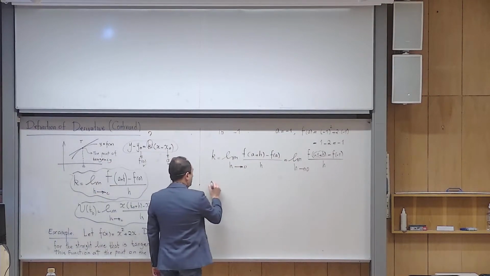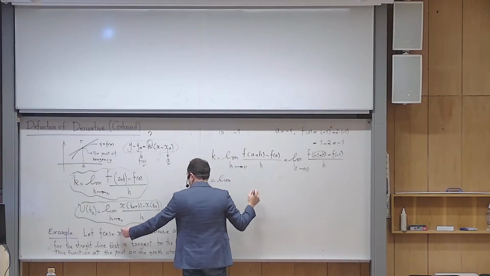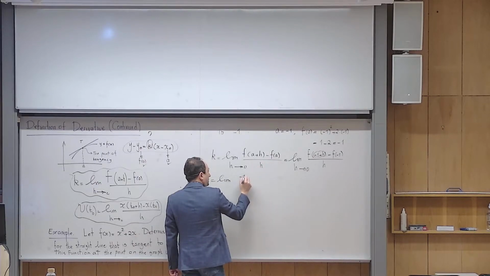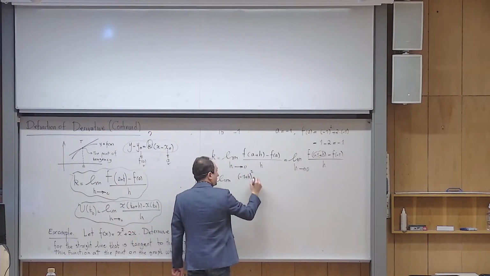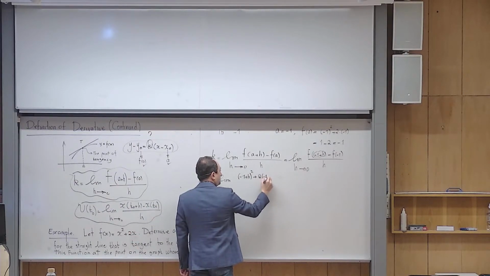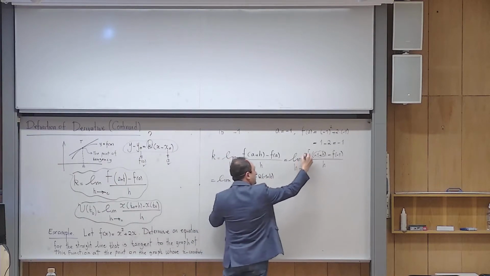So this becomes the limit. Okay, the function squares the input. Input is minus 1 plus h now, so the function squares it, but plus 2 times that input. What I have written so far is the expression for this.